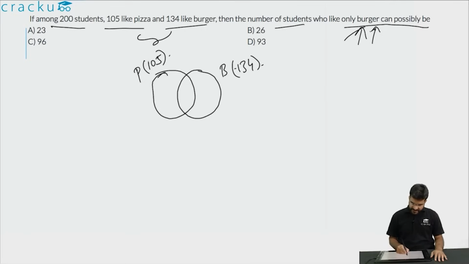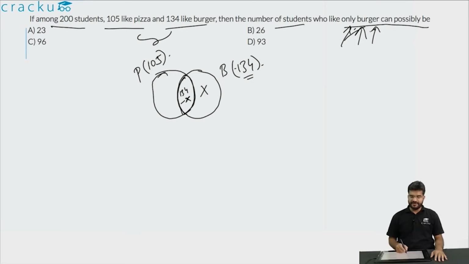We are required to find out some interval where the number of students who like only burger can be. So let us assume that x denotes the number of students who like only burger. Then the intersection, the number of students who like both burger and pizza, will be 134 minus x, because you want the total number of students who like burger to be 134.